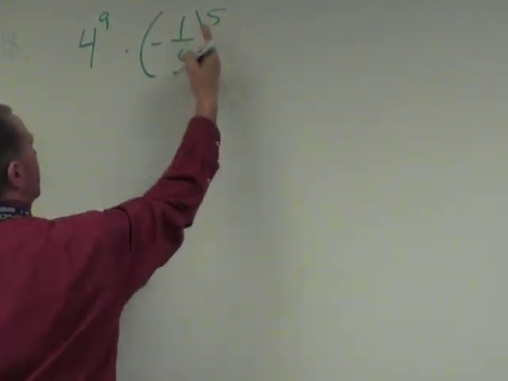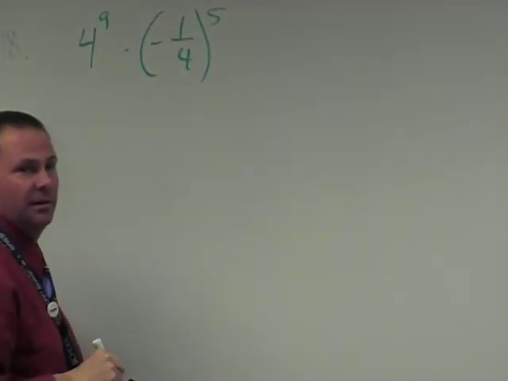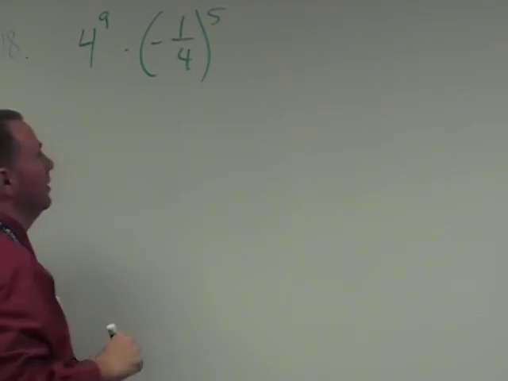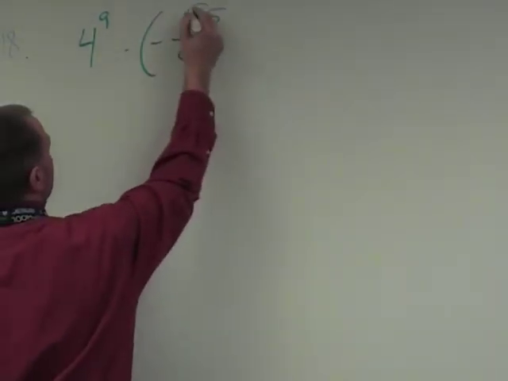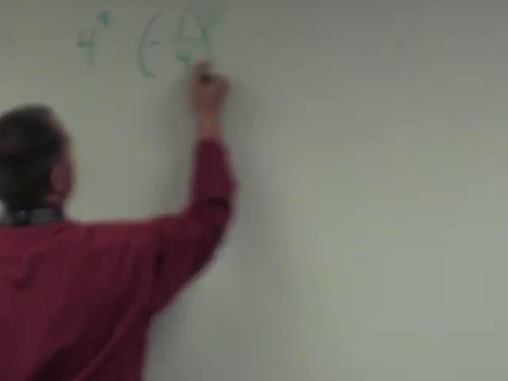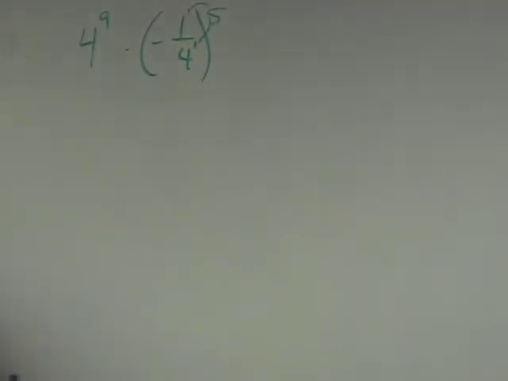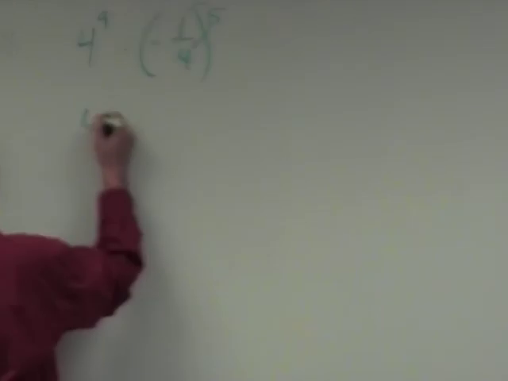Okay. What do we do with this 5? Distribute it. So here's the thing. The negative's inside the parentheses. That is going to be multiplied 5 times. What value does that give me? Positive or negative? Gives me negative. So I have 4 to the 9th.